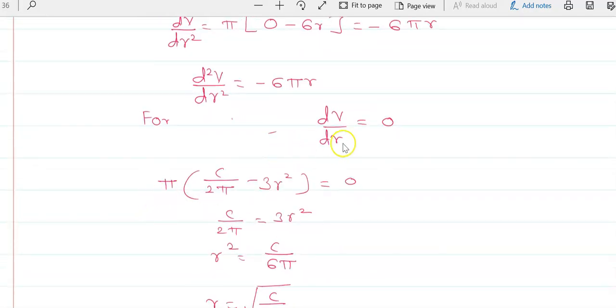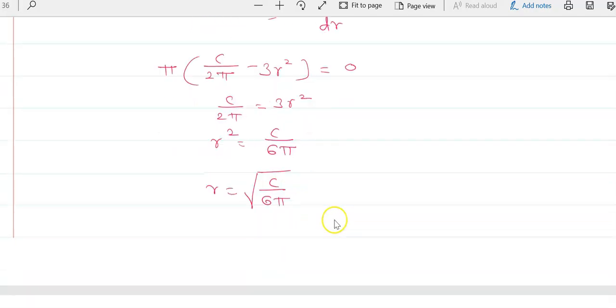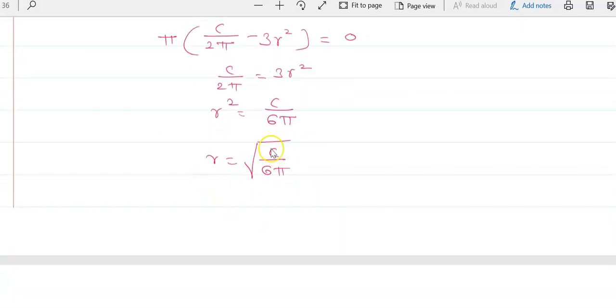That is, pi in bracket c upon 2 pi minus 3r squared is equal to 0. Therefore, c upon 2 pi is equal to 3r squared. Therefore, r squared is equal to c upon 6 pi, and the value of r is the square root of c upon 6 pi.